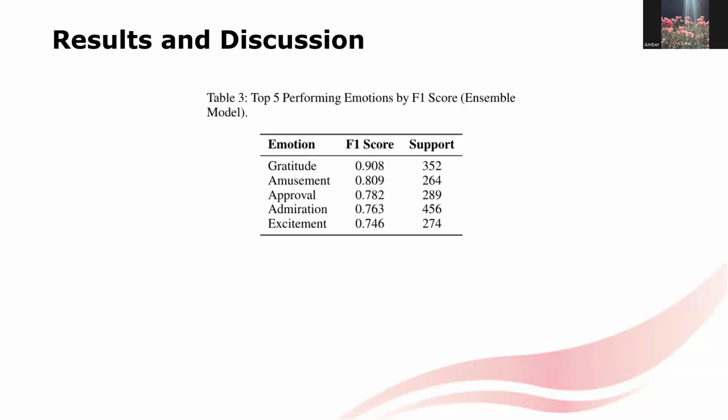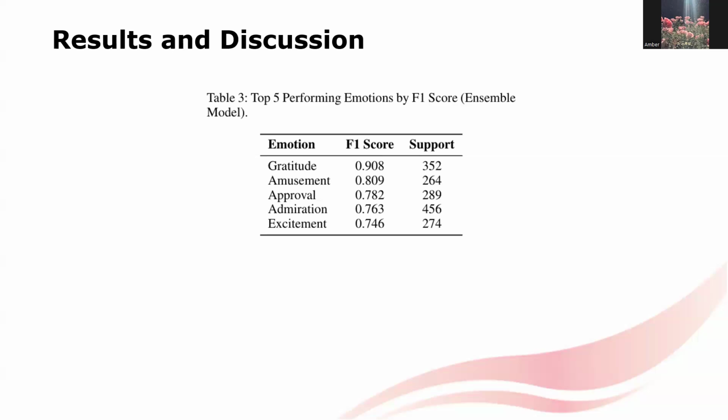This table shows the top 5 performing emotions by F1 score using our ensemble model. Gratitude ranks first with an F1 of 0.908, followed by amusement, approval, admiration, and excitement.